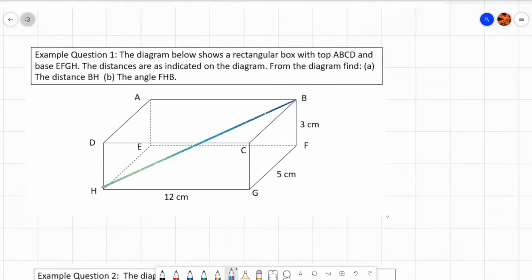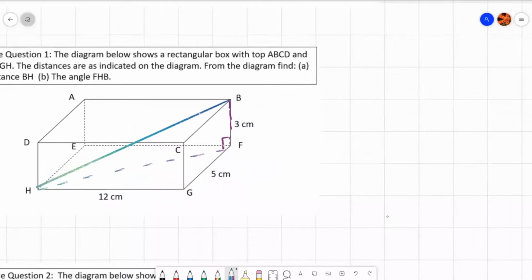Well, to work out BH, I need this side here first, because then I can also use this side here, because that will become a right angle to work out BH. So to work out this dotted side here, I'm going to use Pythagoras, because that triangle there is 5 centimeters, that there is 12 centimeters. Yep, 12 by 5, and I want the diagonal.